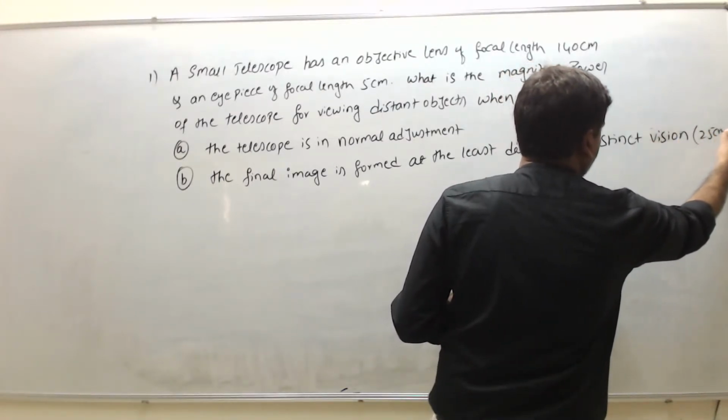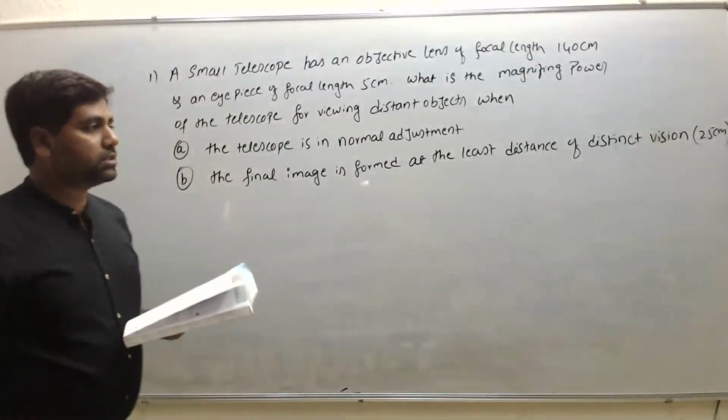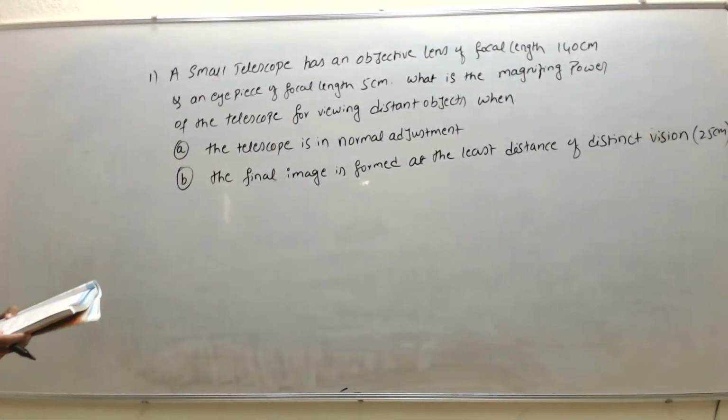That is 25 centimeter. So least distance of distinct vision is 25 centimeter.